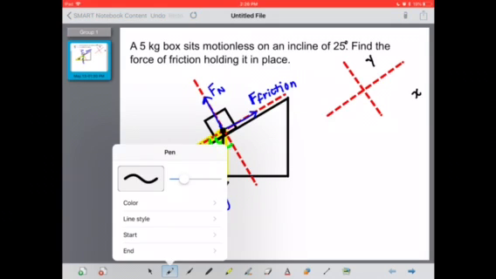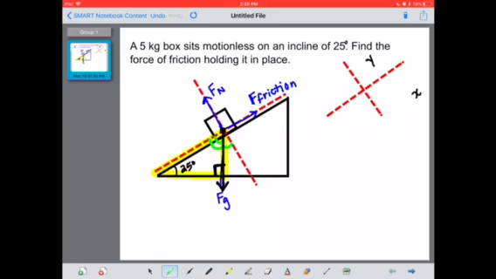My green double-lined angle in the corner is the complement of 25 degrees. What it means to be the complement of 25 degrees is that the 25-degree angle and the double angle, my unknown angle, add up to 90 degrees. I know this because all of the angles in my triangle add up to 180 degrees. So 25 plus 90 plus my unknown will give me 180.